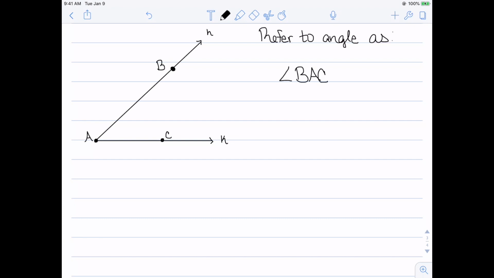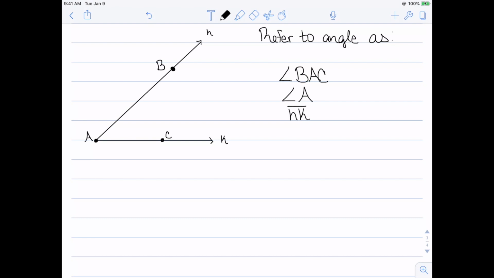We can refer to it as angle BAC, or equivalently CAB. The main thing is the vertex point is the one that needs to be in the middle. If it's not ambiguous on which angle we're talking about, we could just call it angle A. And we can also refer to it as HK with a line over it. So this refers to the angle formed by rays H and K.